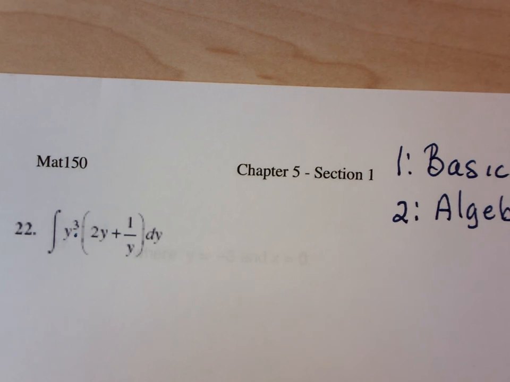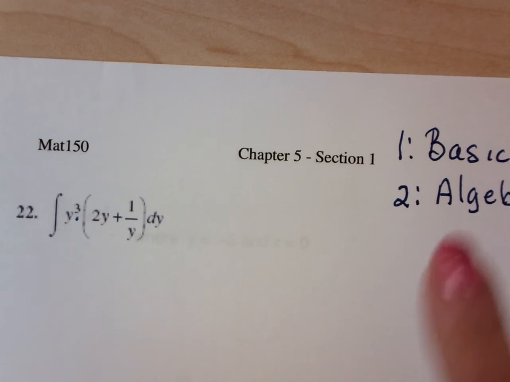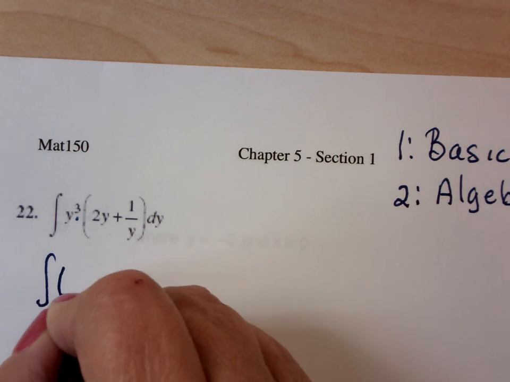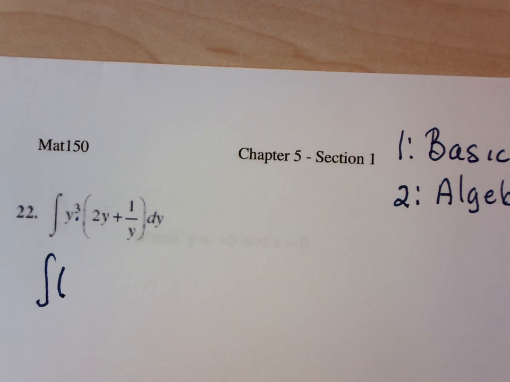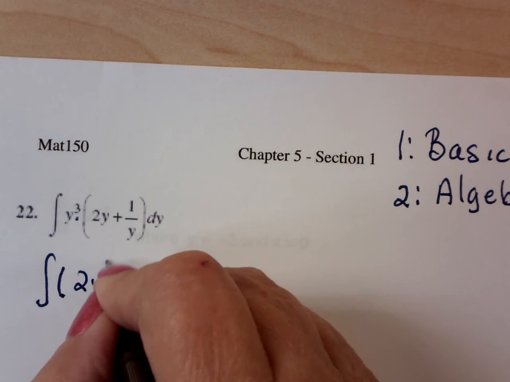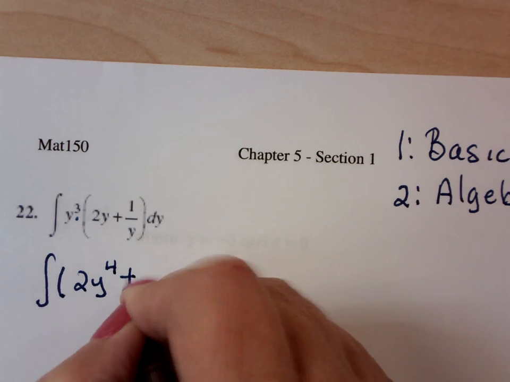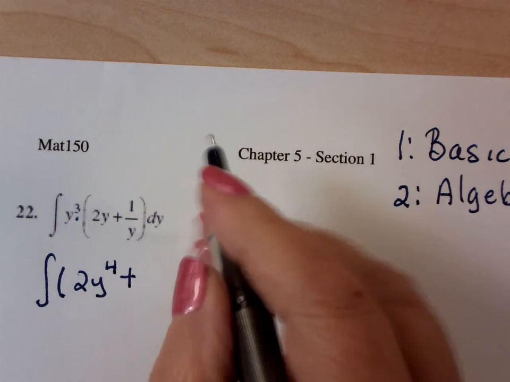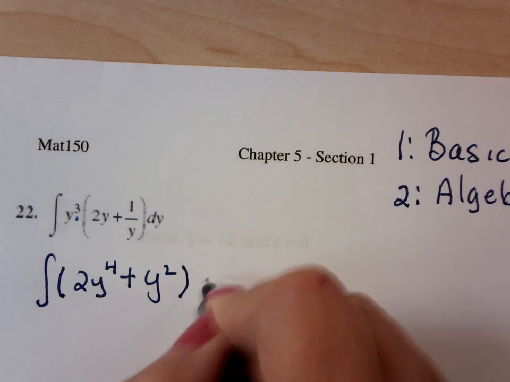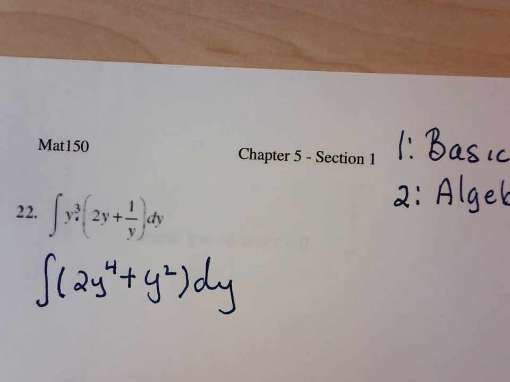Then I'd say to myself, can I use algebra on this problem? And what can I do? Distribute the y cubed. So this becomes the integral of, and I'm going to put parentheses here, y cubed times 2y is 2y to the fourth plus y cubed times 1 over y is what? y squared dy.